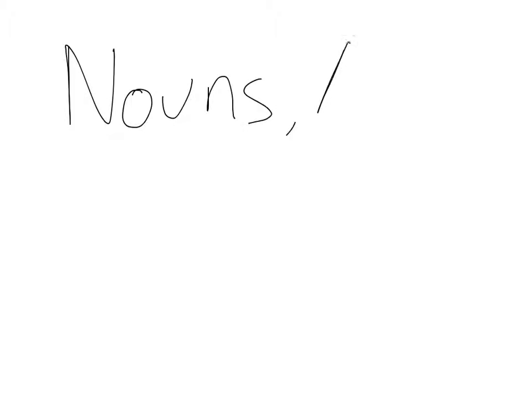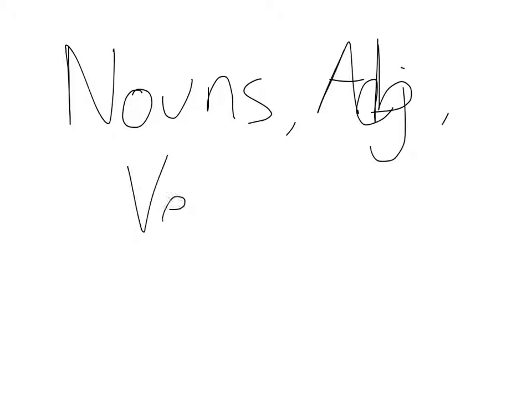The first pointer is that when we're translating something from English into Latin, we need to pay attention to all of the nouns, all of the adjectives, and all of the verbs. Unlike in English, where we just pluralize nouns by adding an S, in Latin, if something is singular or plural, it affects every word in the sentence.